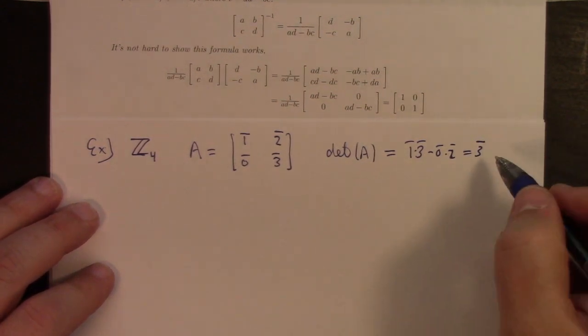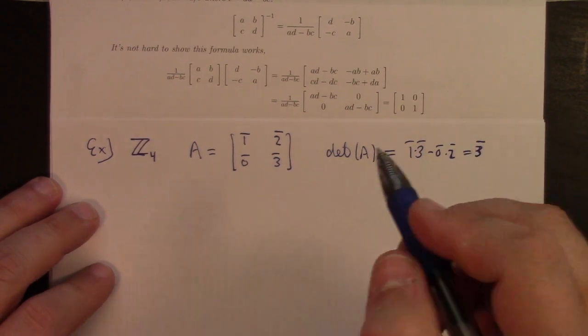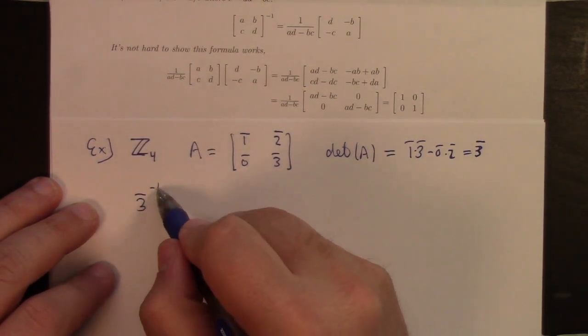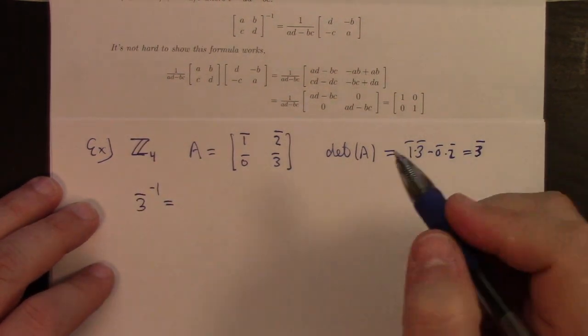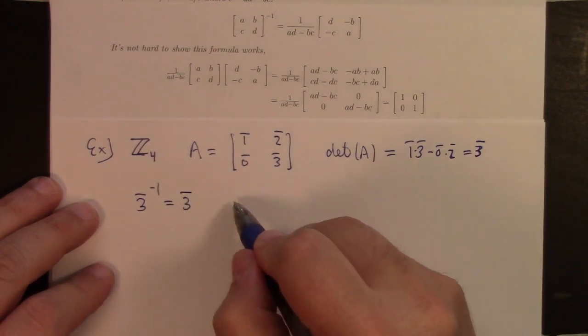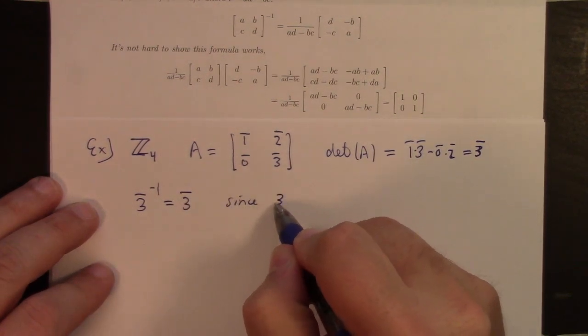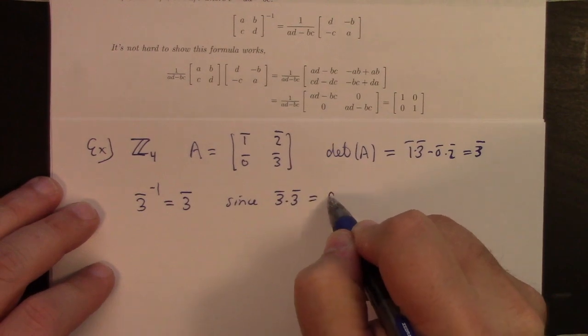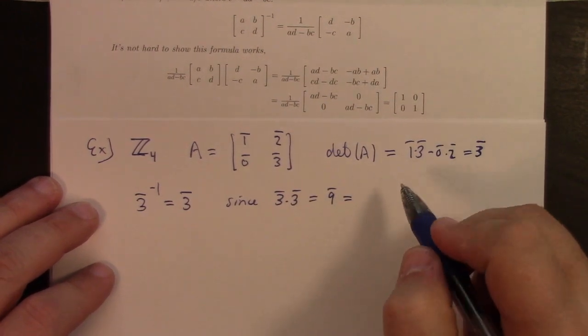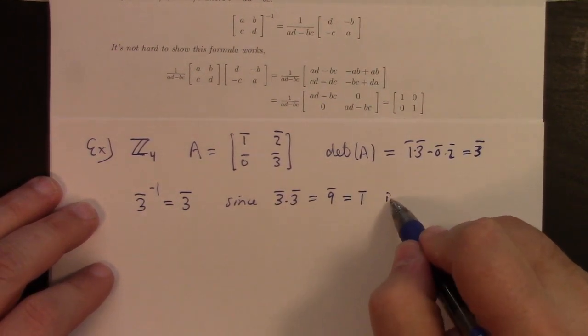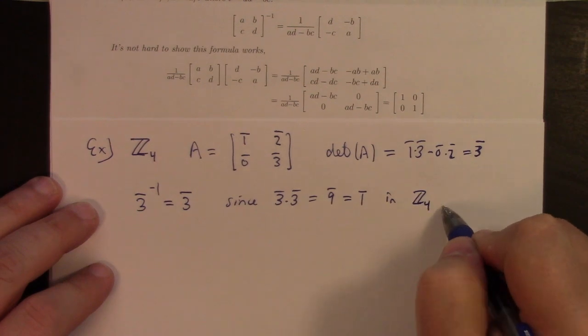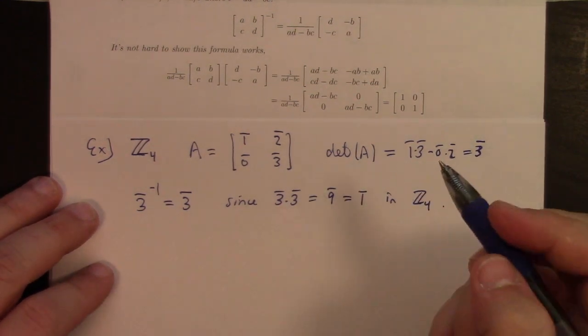Now, fortunately, 3 bar has an inverse. What's 3 bar inverse equal to? It's equal to 3 bar again, since 3 bar times 3 bar is 9 bar, which is 1 bar, as we're doing Z4 calculation. Great.